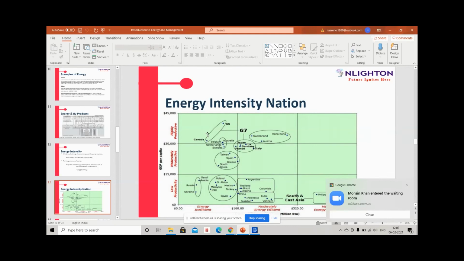Also Vietnam: as I said earlier, the energy consumption is very high, but I am not focusing on the energy losses, so ultimately my intensity would be very low.